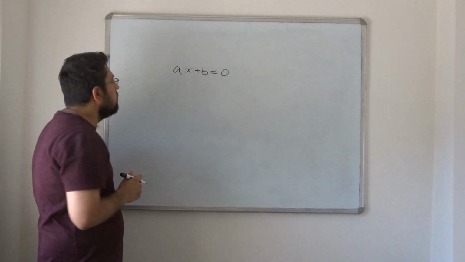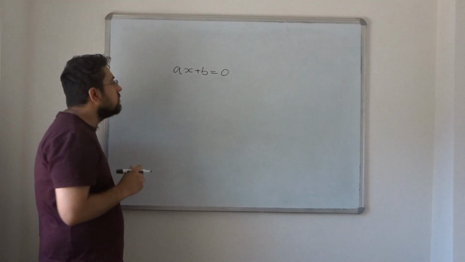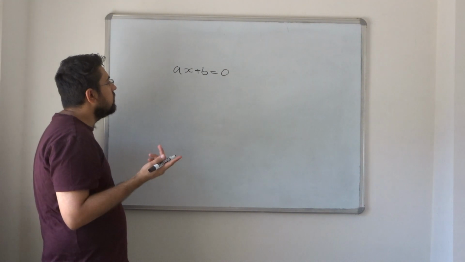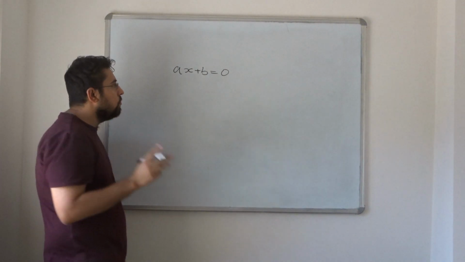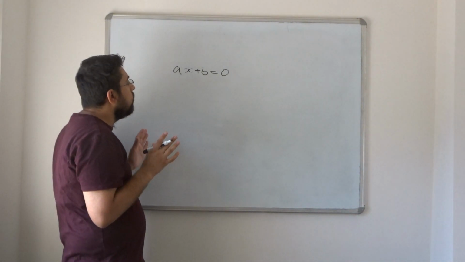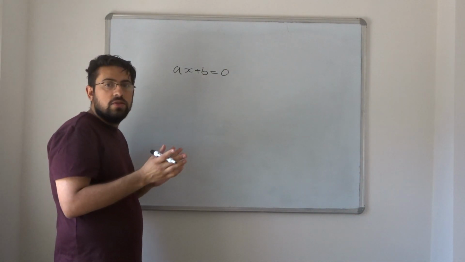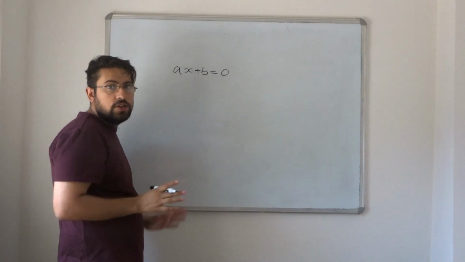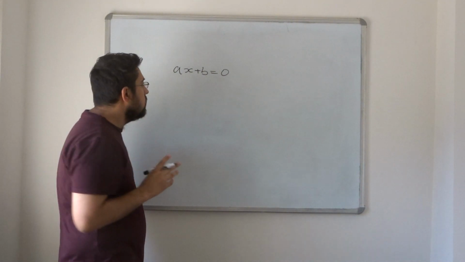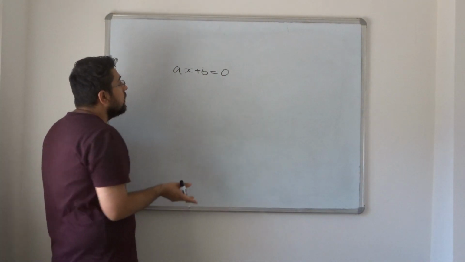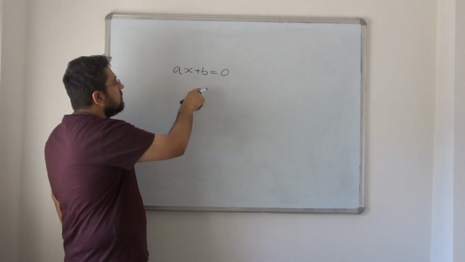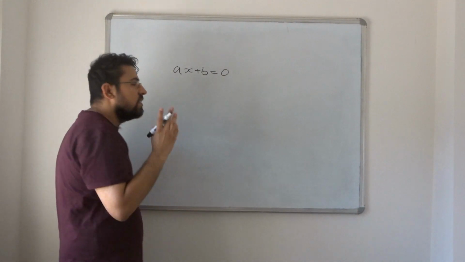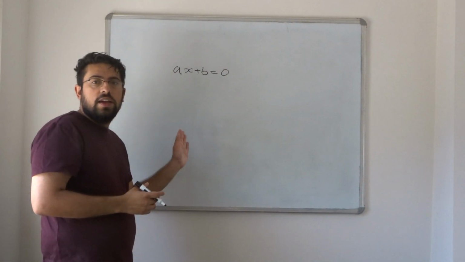Let me just tell you a few things. There are certain rules in linear equations. The most important rule is that you have to balance both sides of the equation. Now, how is this done? Listen carefully. What we have to do is take b from the left-hand side to the right-hand side. We have to transpose b from the left-hand side to the right-hand side.